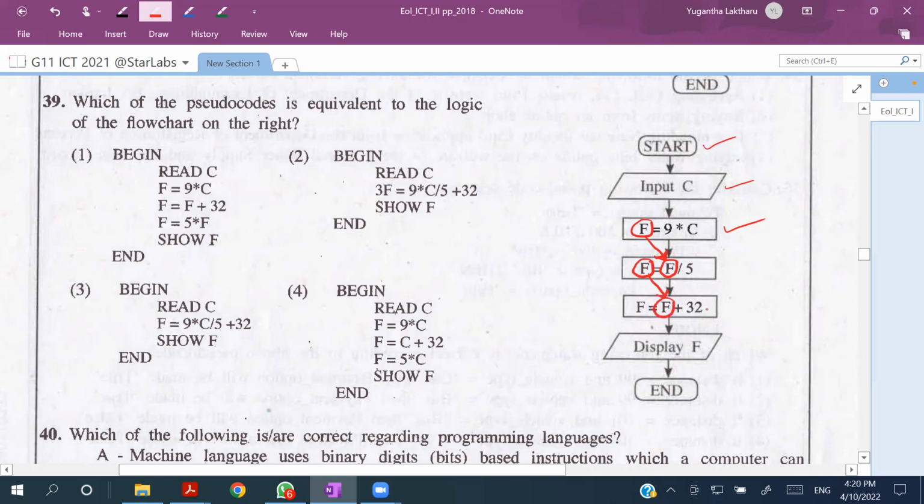That F is added with 32 and assigned to the F again, and that F is displayed, right? Begin should be there. It is there in all four answers. Read C. Yeah, that is there in all four answers. F equals 9 into C. This is correct.